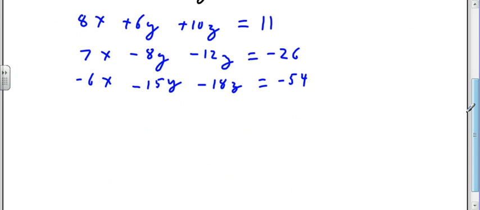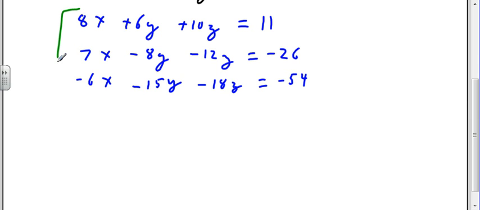So now I've got three equations, three unknowns. What should I get rid of next? Nothing easy to get rid of, is there? Yeah, let's get rid of the z.